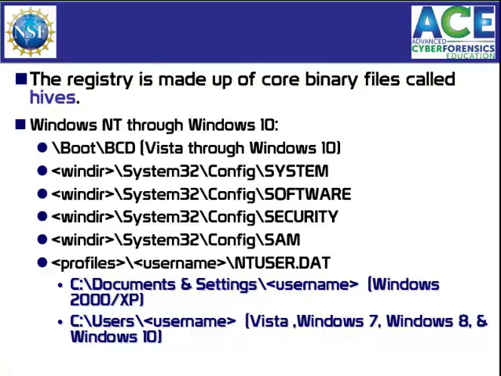For example, in Windows 2000 and XP, we have the Documents and Settings folder, followed by a subfolder which is the username, followed by the ntuser.dat file stored inside that username folder. However, in Windows Vista all the way up into Windows 10, you have a folder on the root of the volume called Users, and inside the Users directory is the folder name for the username, followed by ntuser.dat.